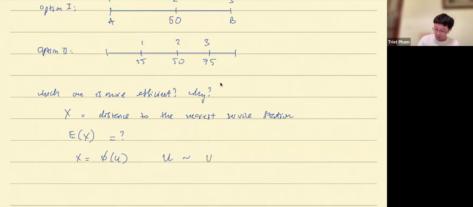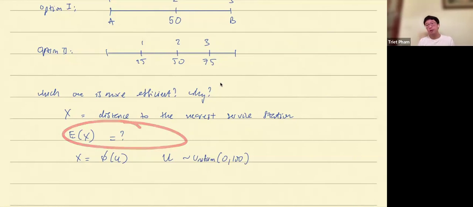So u is uniform from 0 to 100. So what is this function in both cases? Because you're going to try to find its expectation.